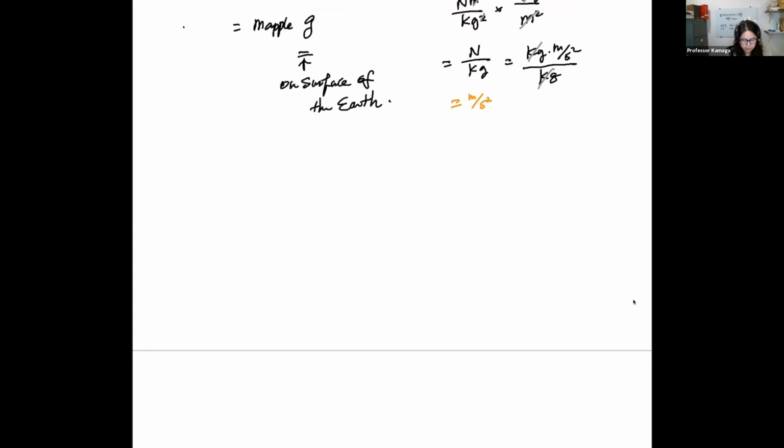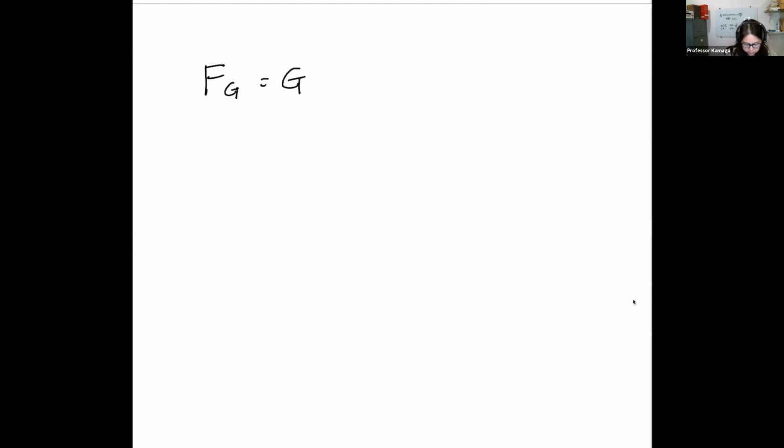So again, the universal law of gravitation is Fg. G is the universal gravitational constant that applies to any object. M1, M2 is the mass of the two objects, divided by the distance squared, which is the distance between the two objects that have M1 and M2 mass.